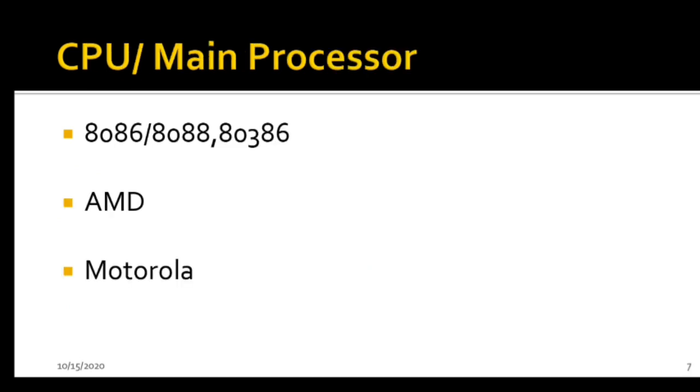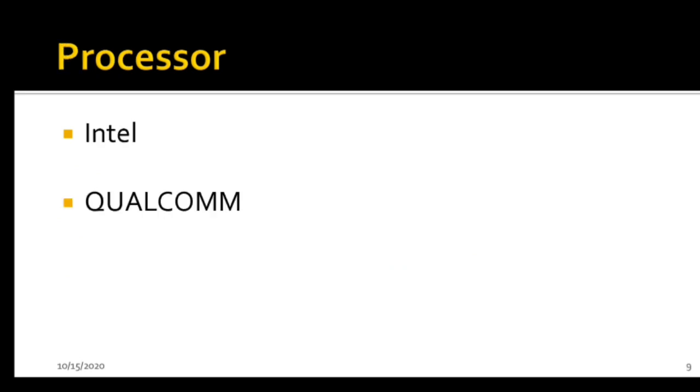So suppose you are using an 80386 machine, then the coprocessor will be 80286. Although all these processors and coprocessors are obsolete nowadays, the processors in which the number 80 is there are normally Intel processors. AMD processors are manufactured by AMD. Motorola processors normally have numbers starting with 6.